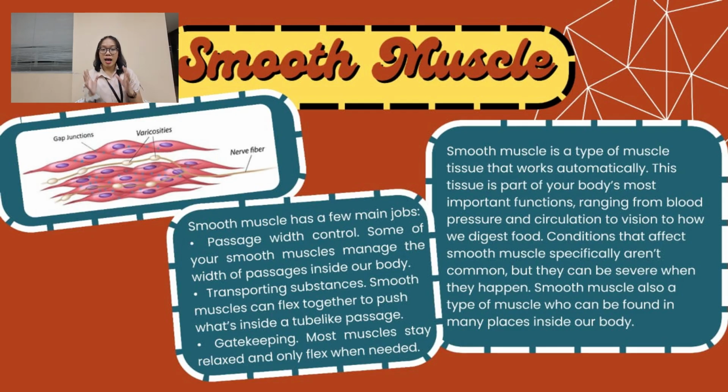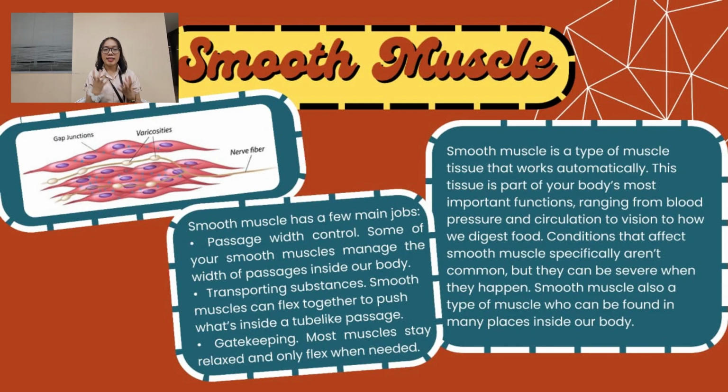Smooth muscle is a type of muscle found in many places inside our body. It gets its name from how it looks, which is different from most other types of muscles. Smooth muscle is found throughout our body, like our airways, blood vessels, digestive system, eyes, lymph vessels, skin, and urinary and reproductive system.